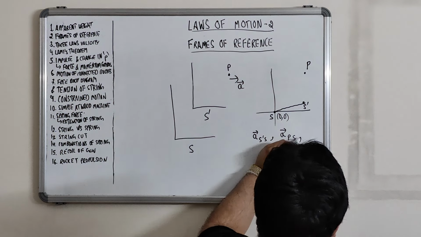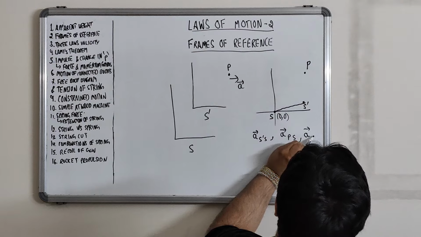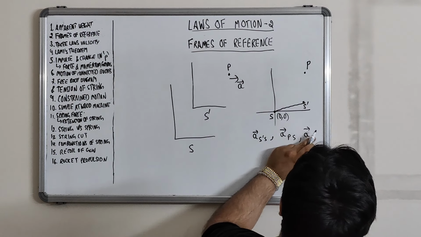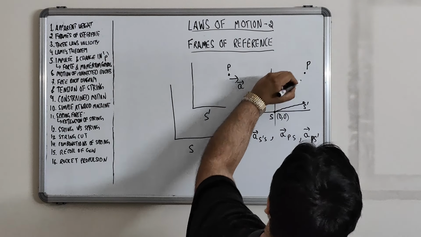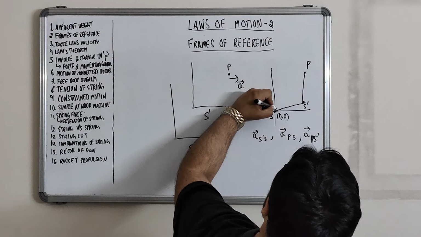Similarly, we have a PS dash. All right, so we have this small triangle.